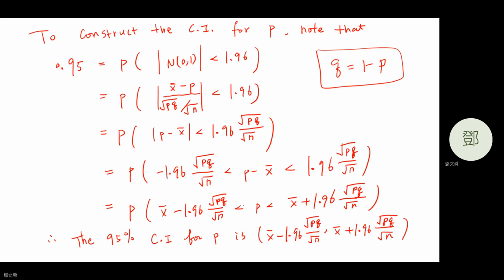Now here it is 1 minus 0.05 times 100%. And here it is Z sub 0.05 divided by 2. So let us generalize.